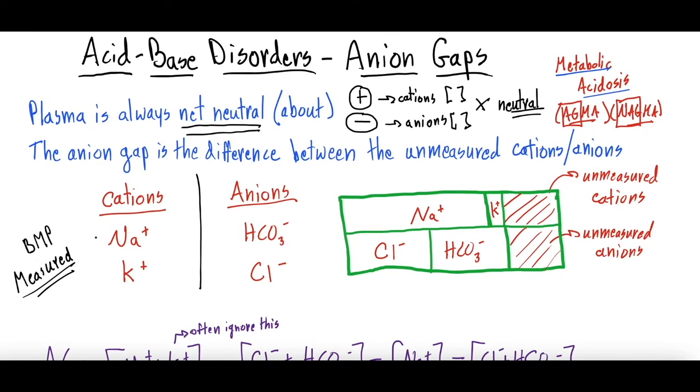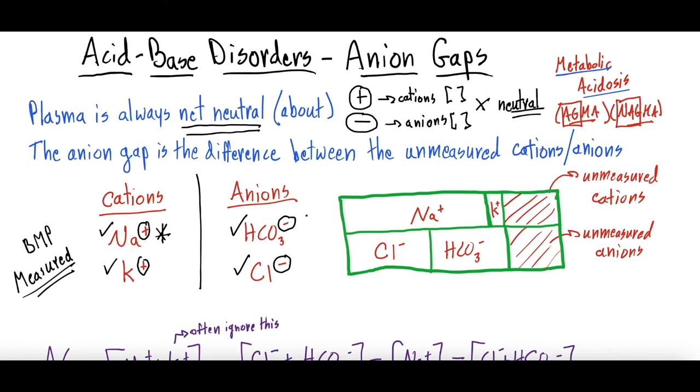The measured cations are primarily sodium and potassium, which are positively charged, and sodium is by far the biggest contributor. The two measured anions are bicarbonate, HCO3, negatively charged, and chloride, negatively charged.